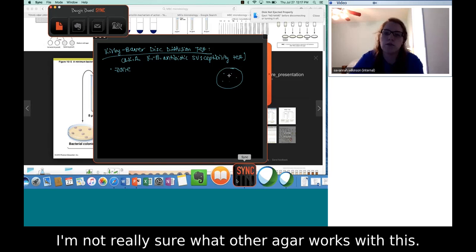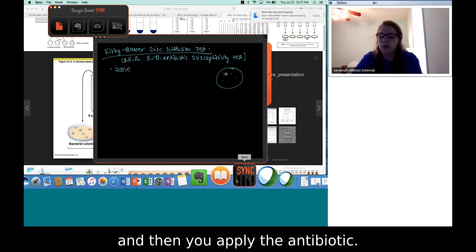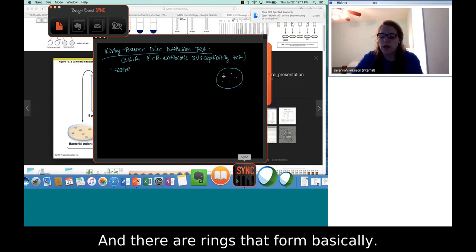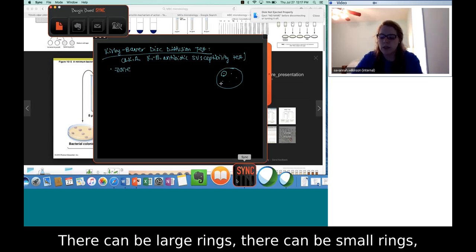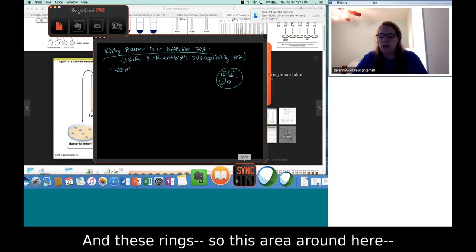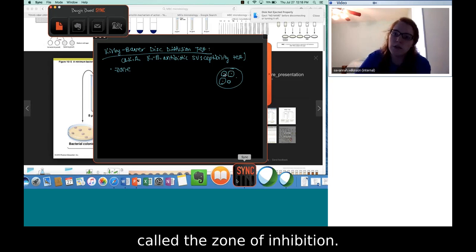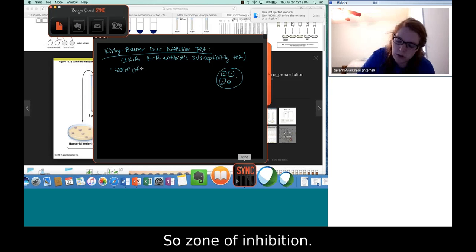I'm not really sure what other agar works with this, but basically you put organisms on this, and then you apply the antibiotic, and there are rings that form. Basically, there can be large rings, there can be small rings, there can be no rings really, and these rings, this area around here, that part of the ring, is a zone, and that's called the zone of inhibition.